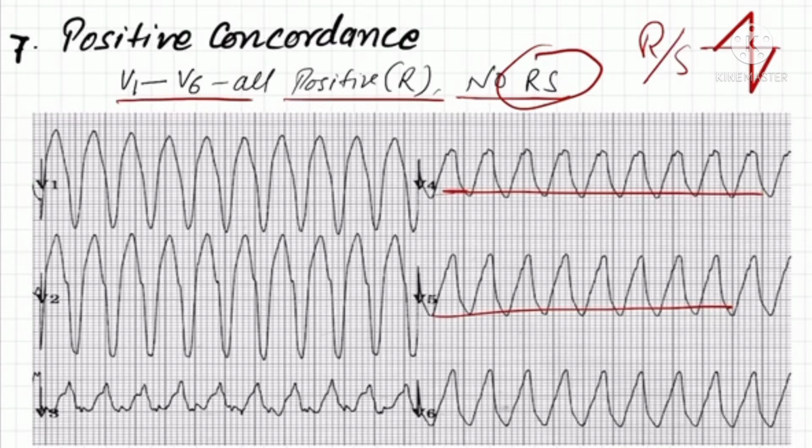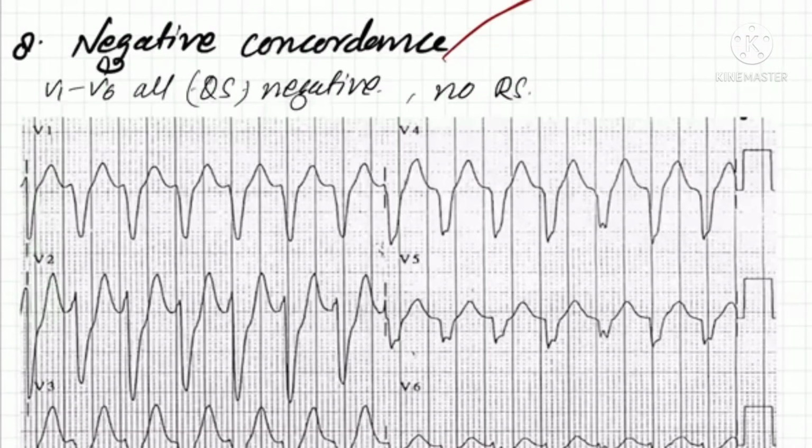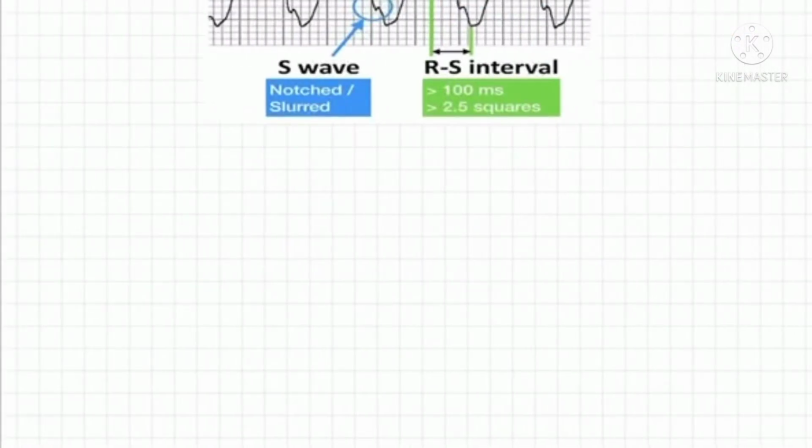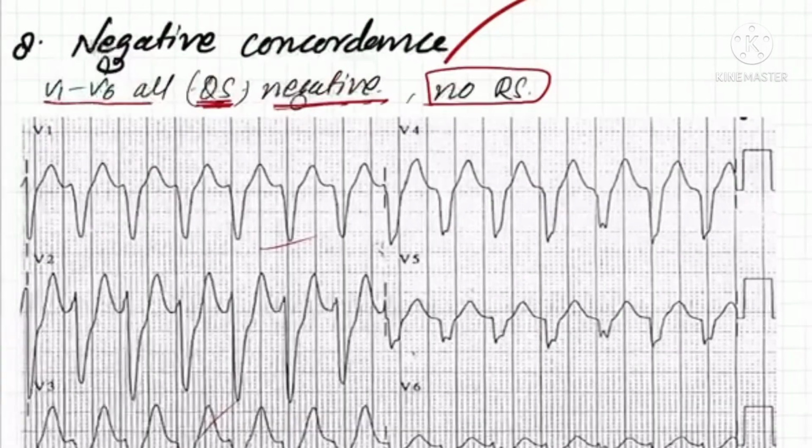But in case of only positive concordance, or a negative concordance from V1 to V6 with all negative and no RS pattern, this feature is suggestive of VT. These are the 7th and 8th points.